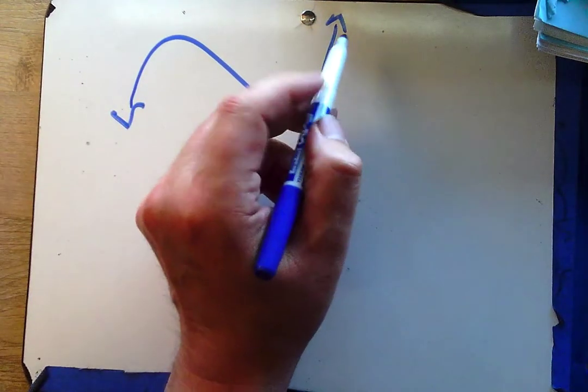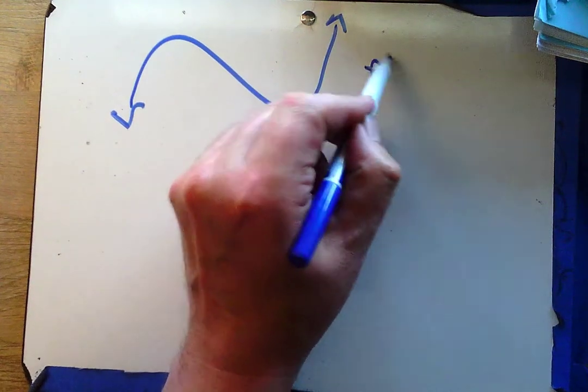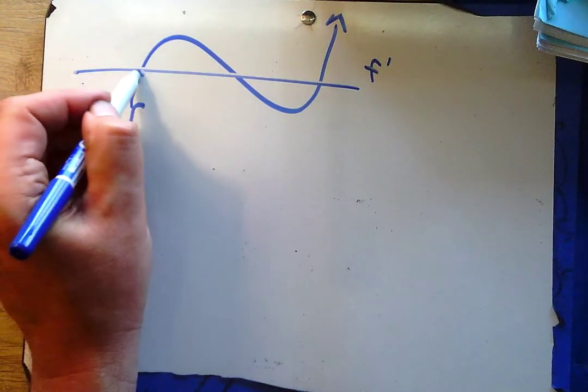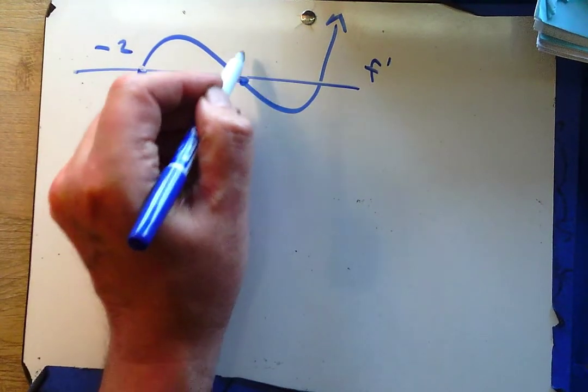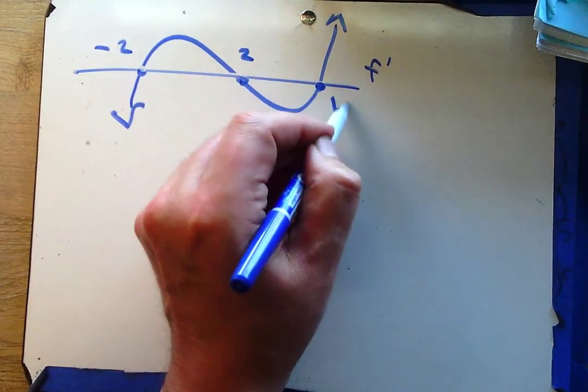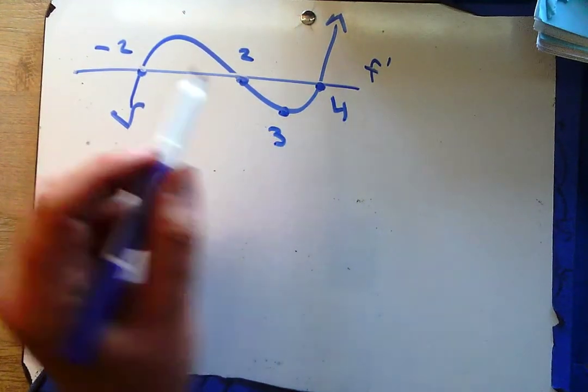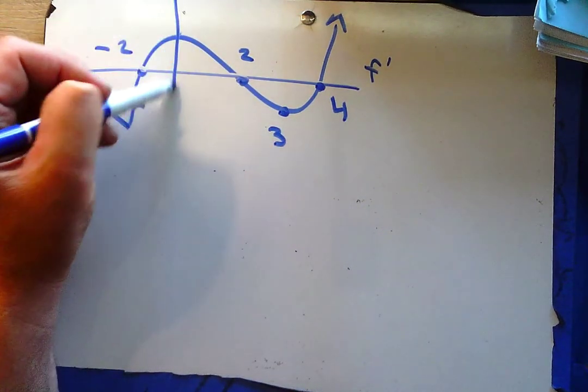Here's an f prime graph, and this is -2, 2, and 4. This is at 3. This is at 0.